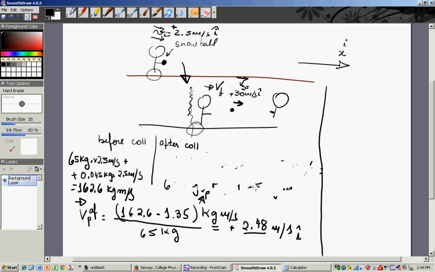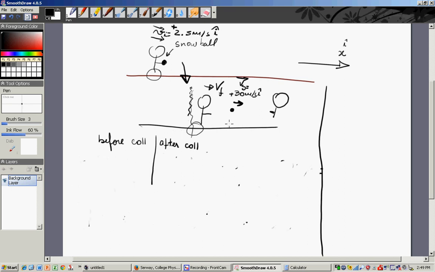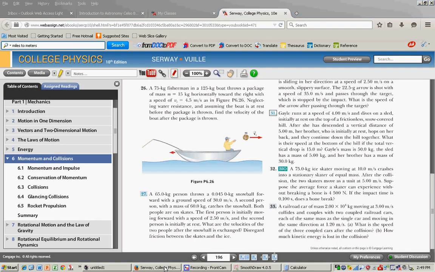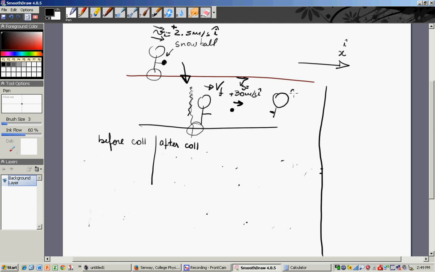So the velocity of the person is 2.45, right, meters per second. Okay, so this person here, which has a mass of 60 kilograms, is that correct? 60 kilograms, yeah. This person has a mass of 60 kilograms and initially is not moving. And this person holds the ball after collision takes place.